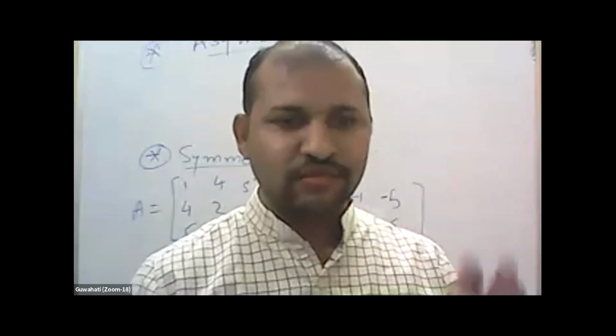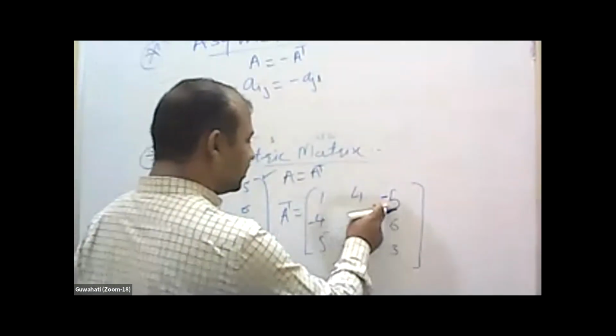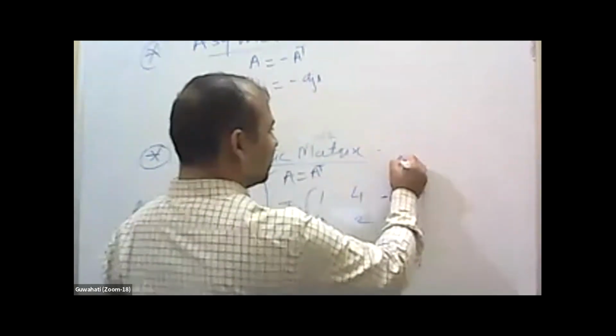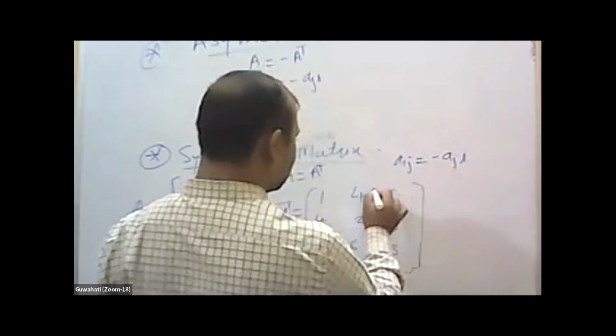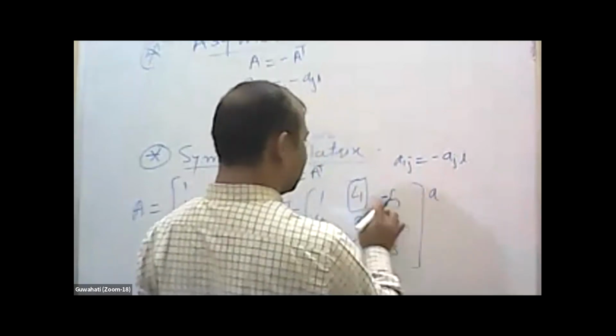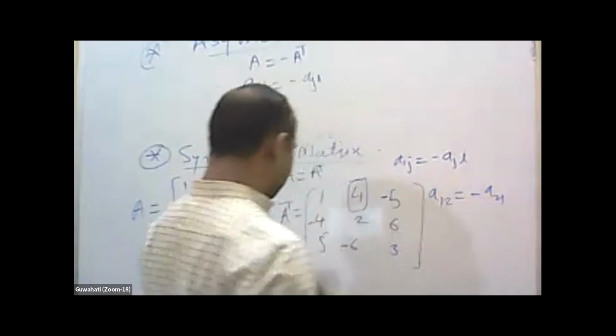Aij is equal to minus Aji. If that condition is satisfied, then you call it an asymmetric matrix. If an element is positive, then its mirror position should be negative: Aij is equal to minus Aji. So what is the position of this element? It is A12, so the other should be minus A21.